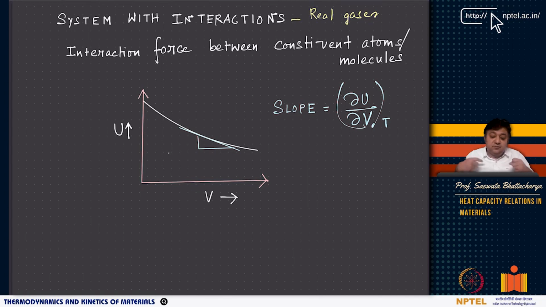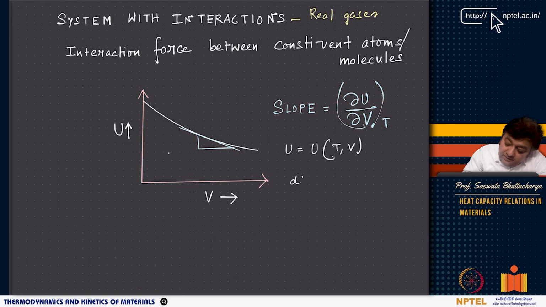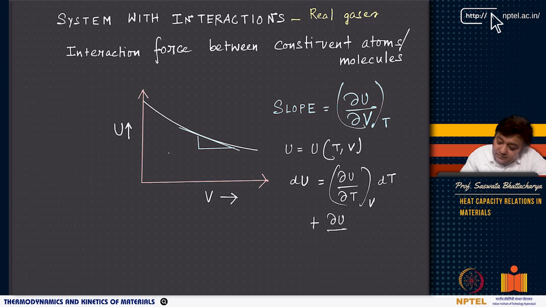But as you recall, dU is an exact differential, and if U is a function of T and V, we can write dU equals del U del T at constant V times dT plus del U del V at constant temperature times dV, right?